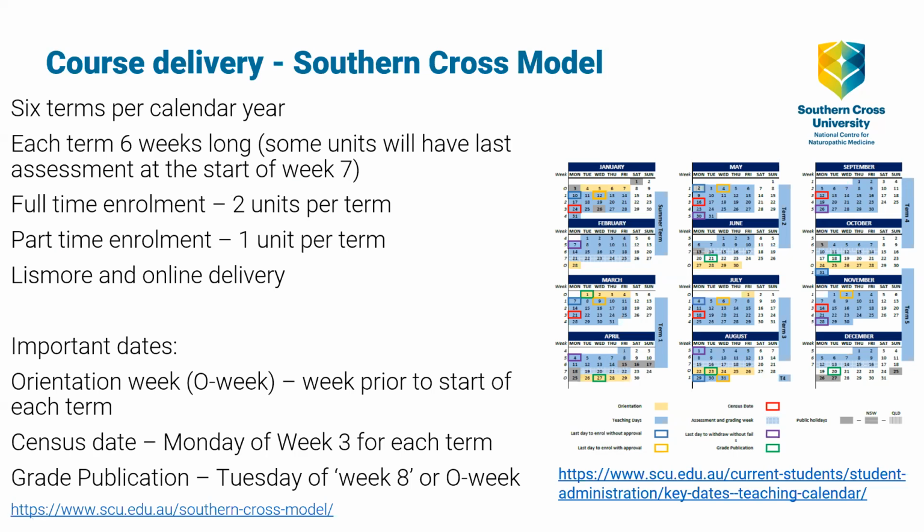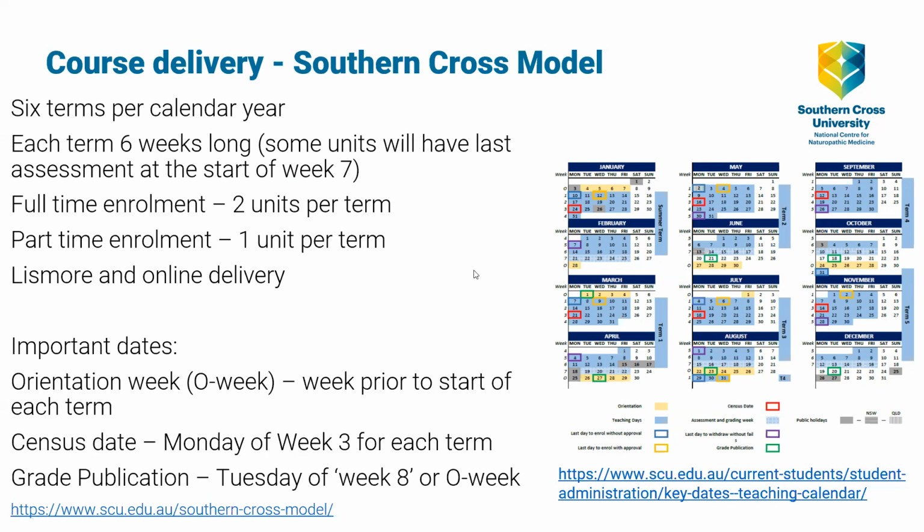Note that census date represents the final day you can withdraw from a unit without academic or monetary penalty. Therefore, you will not have a fail as part of your transcript or pay for the unit. You can find this calendar in the link displayed by searching academic calendar on the SCU website.